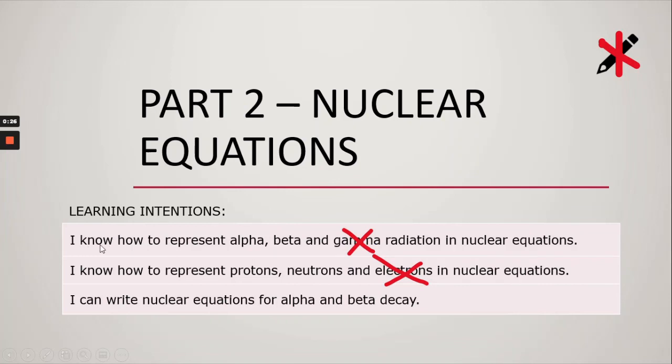So we should by now know how to represent alpha and beta radiation in nuclear equations. And we should also know how to represent protons and neutrons in nuclear equations, but again, electrons is never going to come up. The only context in which we represent an electron is in the context of beta decay, so as long as you know how to represent beta decay, then that's absolutely fine. So as long as we can write nuclear equations for alpha and beta decay and know how to represent protons and neutrons, that's absolutely fine for this section.